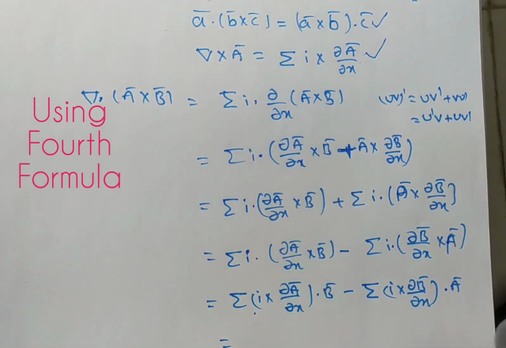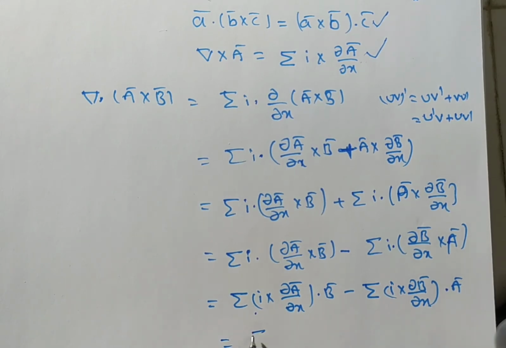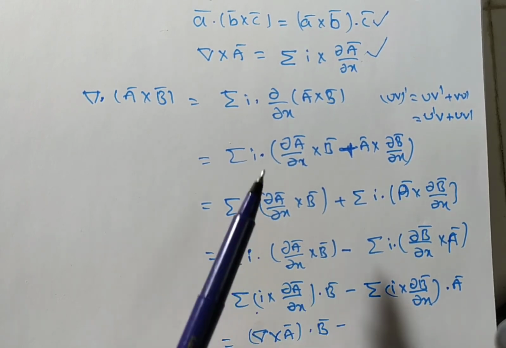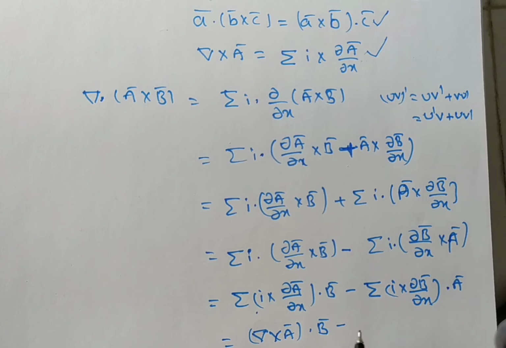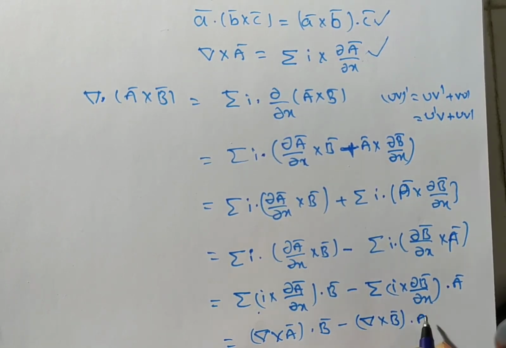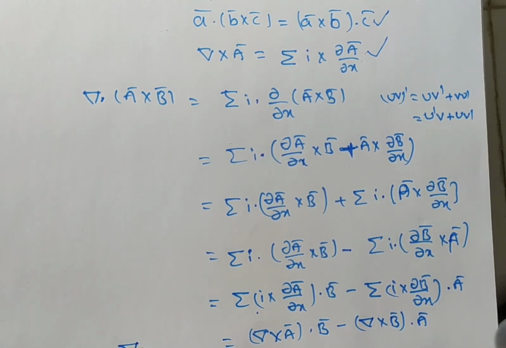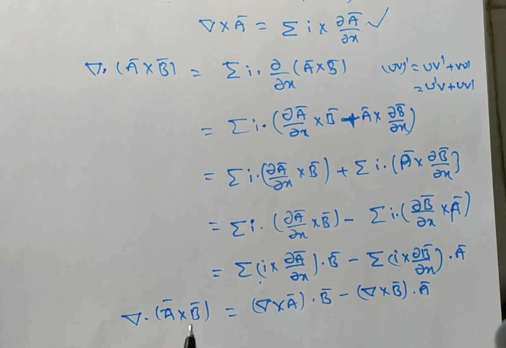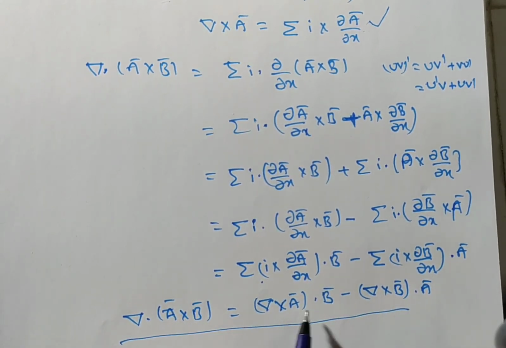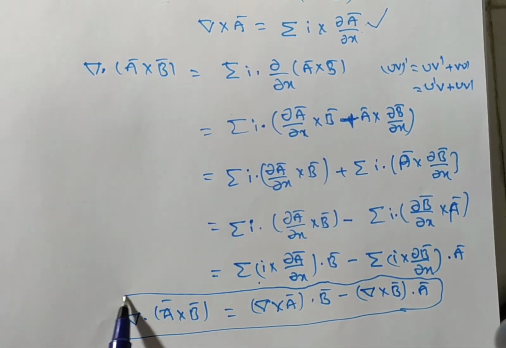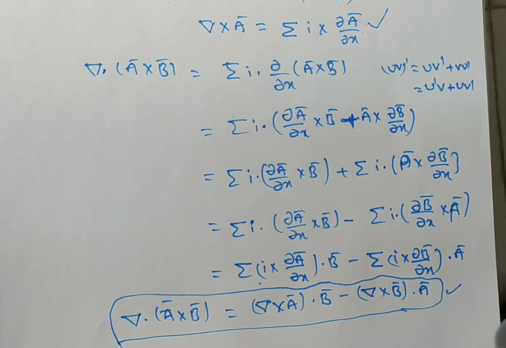If I apply it, I will have del cross a bar dot b bar minus, this is also similar to the fourth formula, so del cross b bar dot a bar. So del dot (a bar cross b bar) is equal to (del cross a bar) dot b bar minus (del cross b bar) dot a bar. That's it. Is it clear for everyone? Thank you for watching this video.